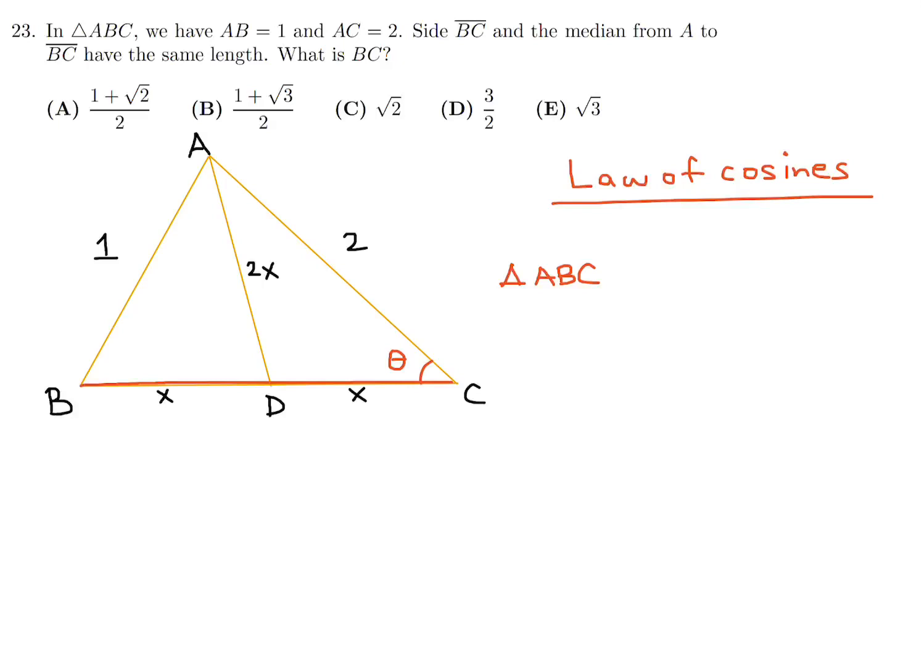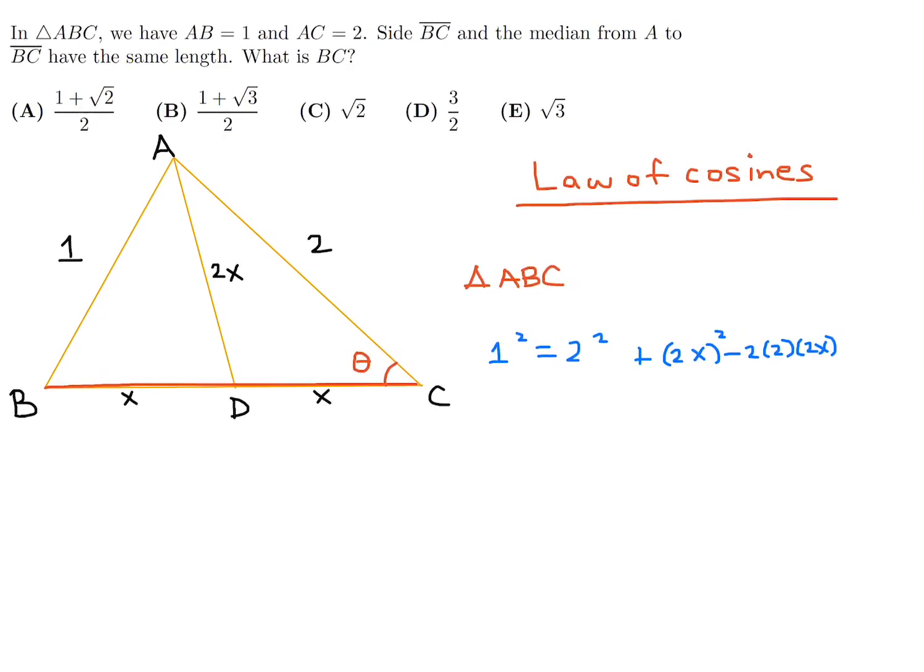So here we go. We've got 1 squared is equal to 2 squared, this guy, and then 2x squared minus 2 times 2 times 2x cos theta. All right? That is the law of cosines, basically. Now let's simplify.